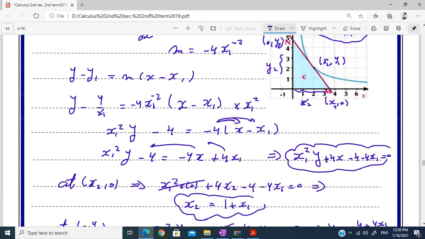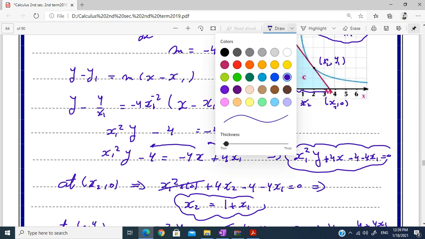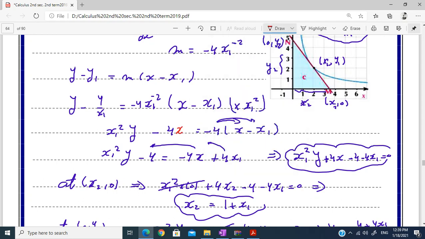We have a mistake here at multiplying by x1 power 2. This is x1 power 2 y minus 4x1, this is negative 4x1, minus 4 times x minus x1.